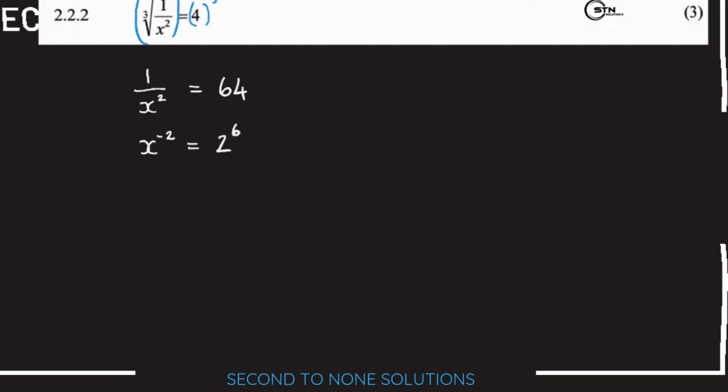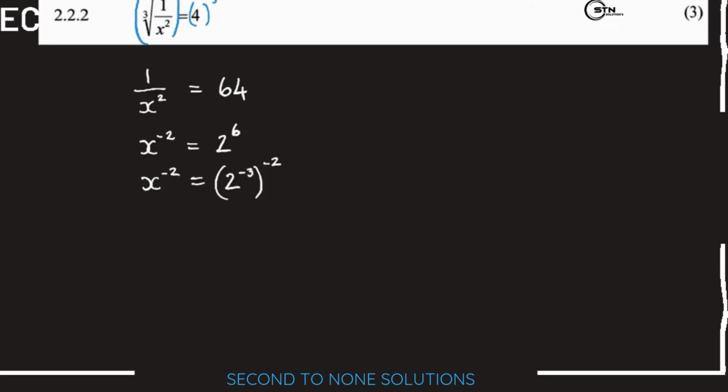So we need to get this now to be to the power of negative 2. I'll show you what I mean. I've got x to the power of negative 2. I've got to have 2 to the power of something, to the power of negative 2. So what times negative 2 will give me 6? And the answer there is negative 3.